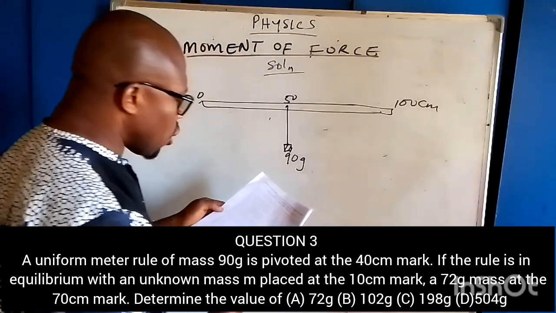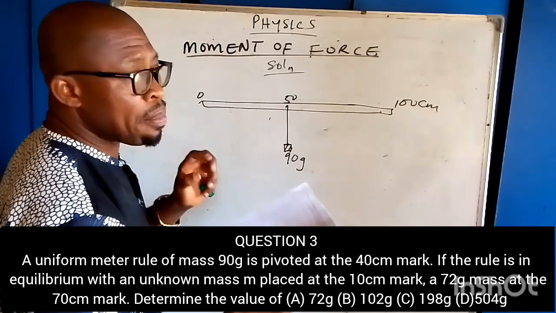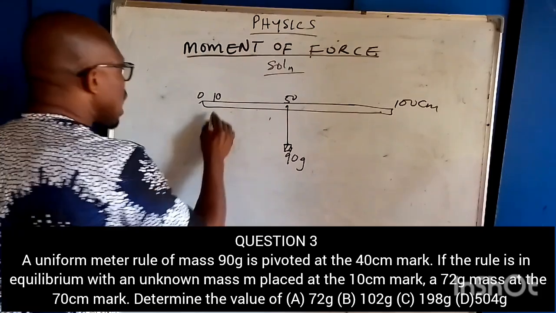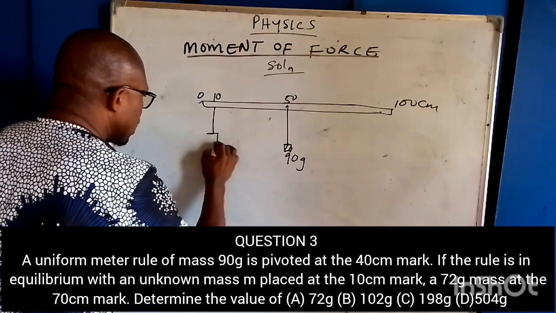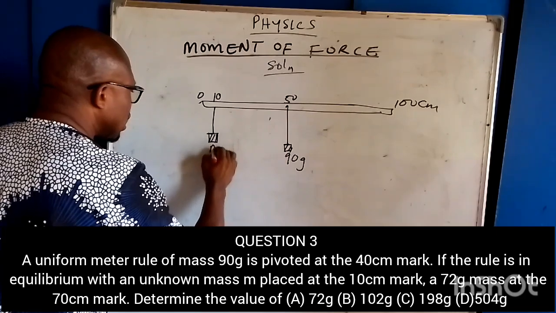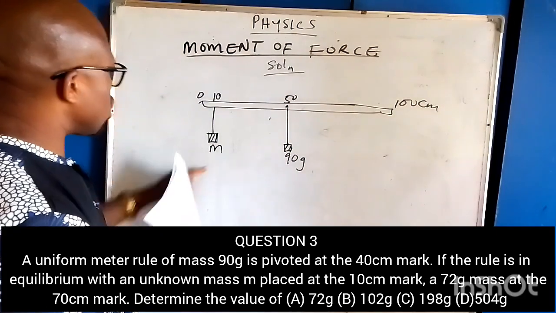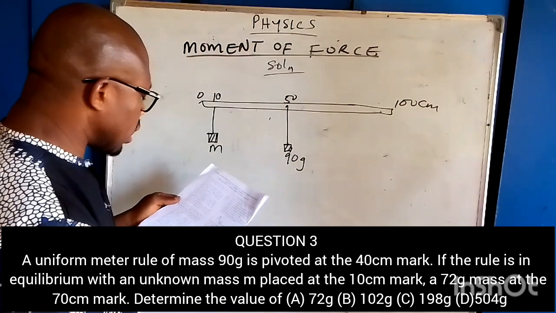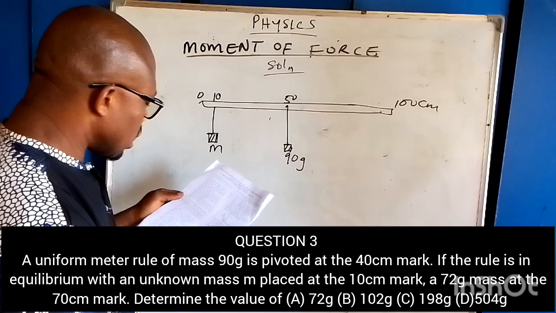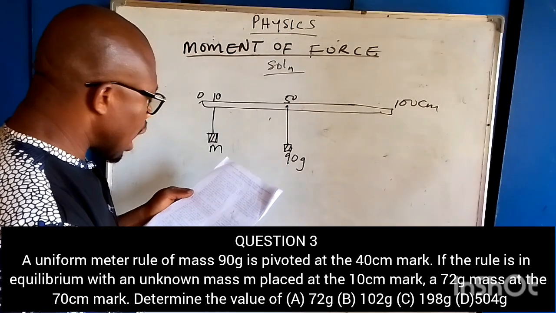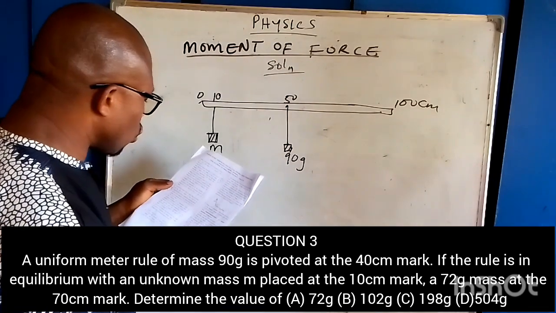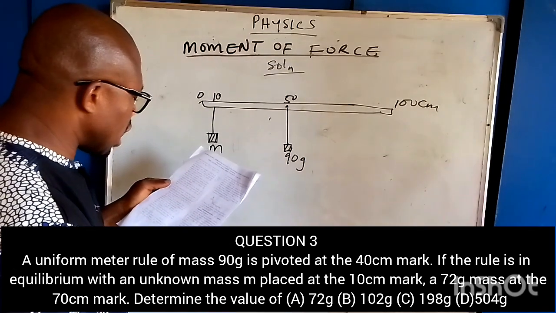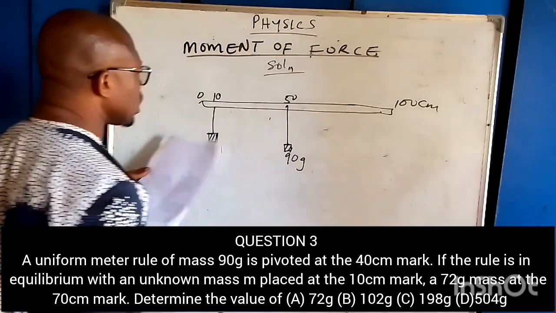Now they said the rule is in equilibrium with an unknown mass m placed at the 10 cm mark. At the 10 cm mark, another mass is suspended there, and of course, that mass is unknown. The next one, they said a 72 gram mass is suspended at 70 cm.